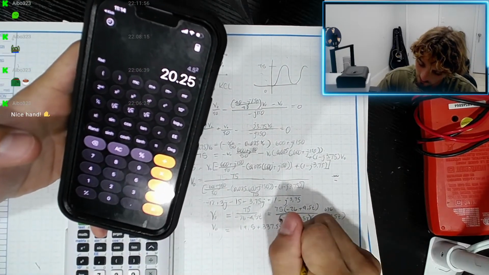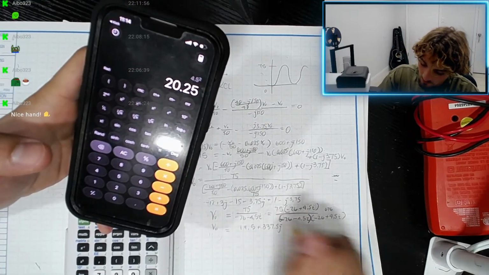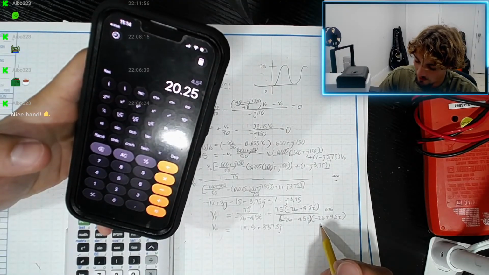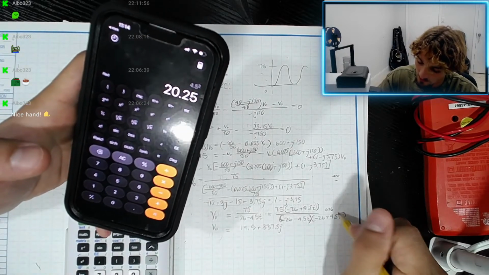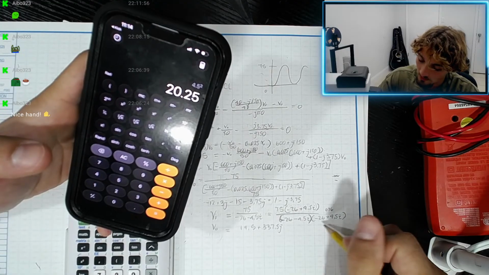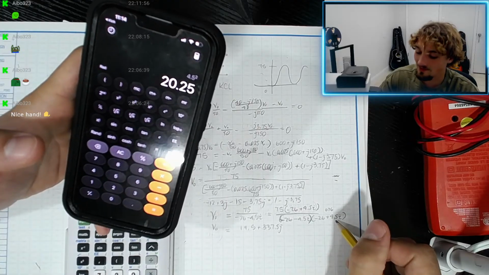In parentheses, also we need to put this for distribution. Negative 26 multiplied by negative 26 is 676. But then we have a negative 26 plus 4.5. We have a negative in it. Oh, okay, that's what I was doing.